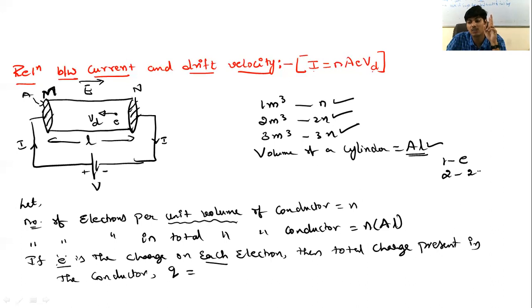On 2 electrons, the charge will be 2e. On 3 electrons, 3e. On 4 electrons, 4e.